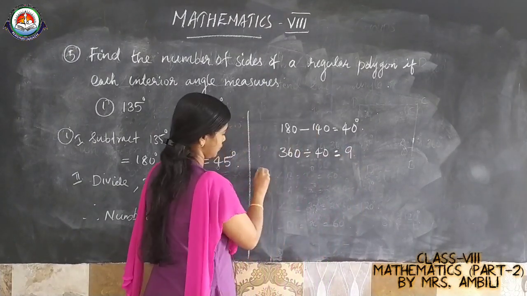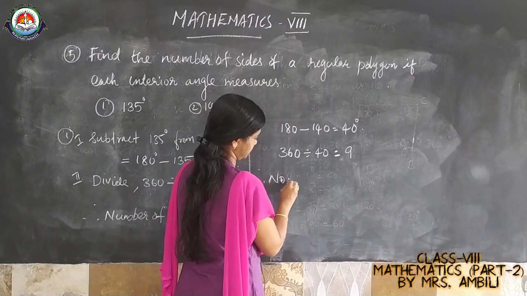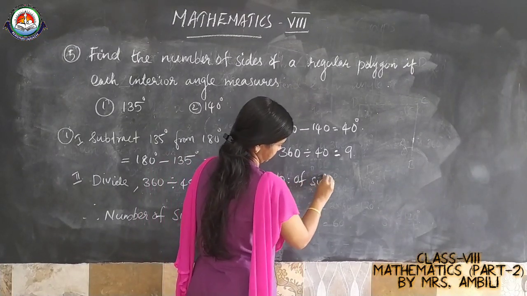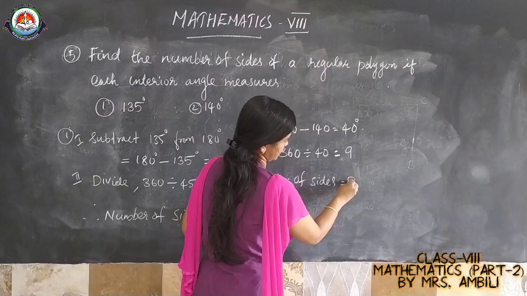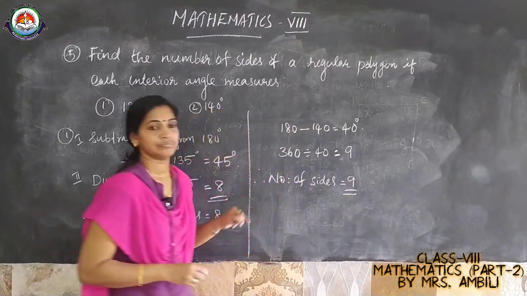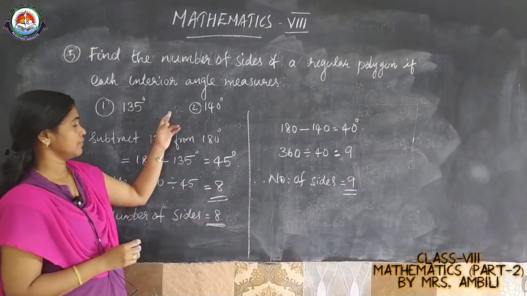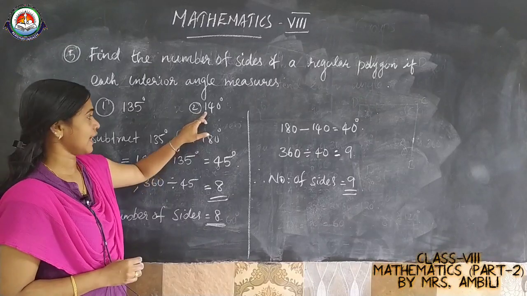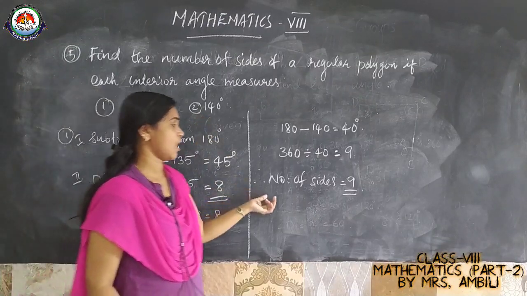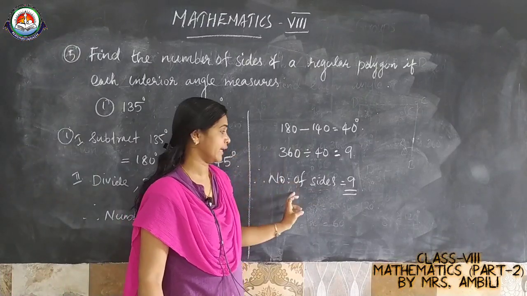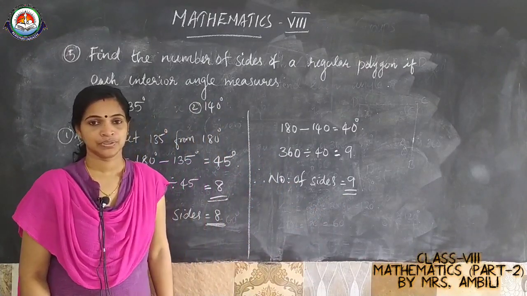So therefore the number of sides, if each interior angle is 140 degree, how many sides are there for that polygon? 9 sides are there. Okay.